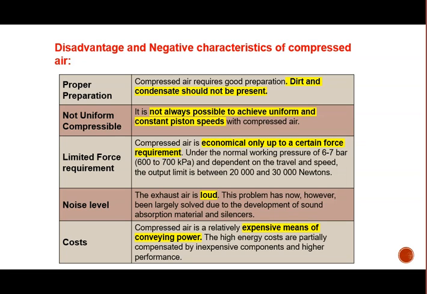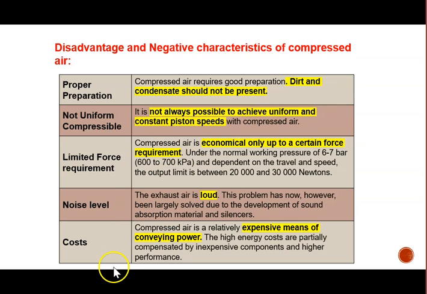And limited force. Okay, it is economical only up to a certain force, and if you want to go for bigger force, you need to use hydraulic. And noise level, okay, exhaust air, when you release the air from the system, it's going to give you a loud noise. Okay, but the noise can be solved by using a silencer.